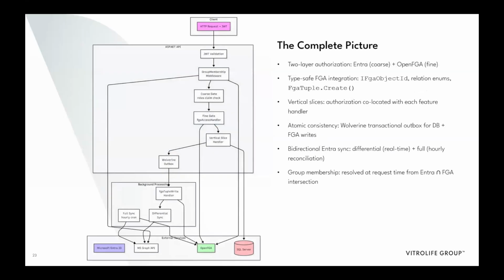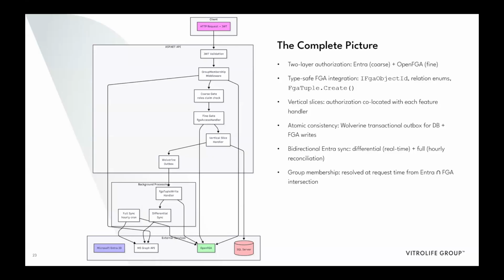And the complete picture. So in our case, you get the token from Entra. We do the JWT validation, like do you have the correct audience, the correct issuer? Then we go into the group membership middleware where we actually extract all the groups you're a member of.